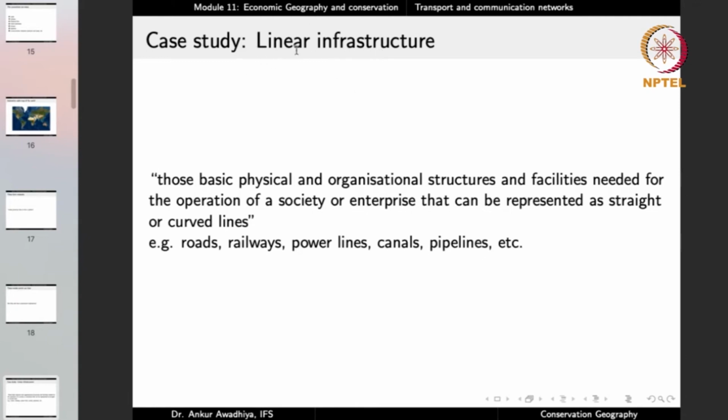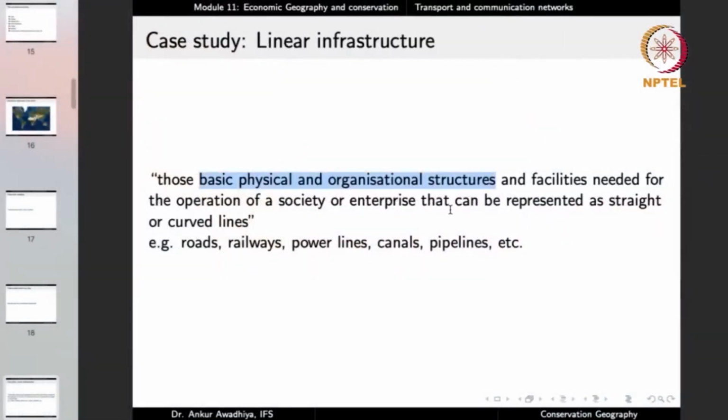And this is a linear infrastructure, meaning that it can be represented in the form of lines, whether straight lines or curved lines. So these are basic physical and organizational structures. They are basic, they form the foundation of things. They include physical structures and organizational structures. That is, they include both things such as roads and the organizations to create and manage those roads.